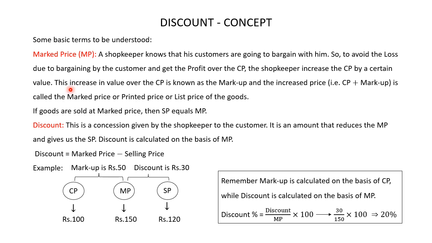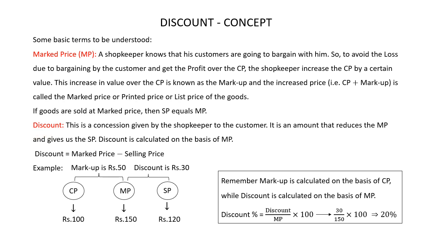This increase in value over the cost price is known as the markup. And the increased price, that is cost price plus markup, is called the marked price or printed price or list price of the goods. Now, if goods are sold at marked price, then selling price is equal to marked price.